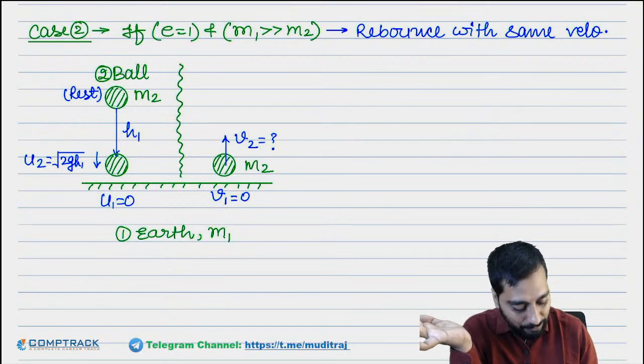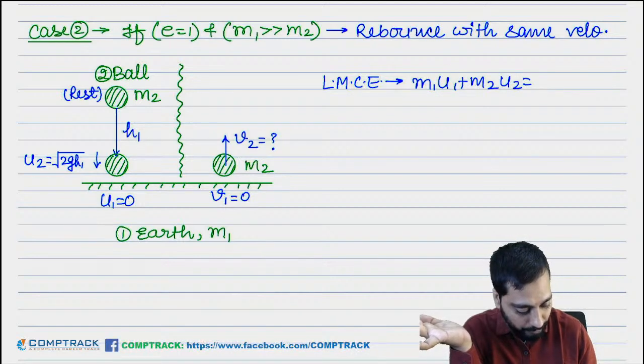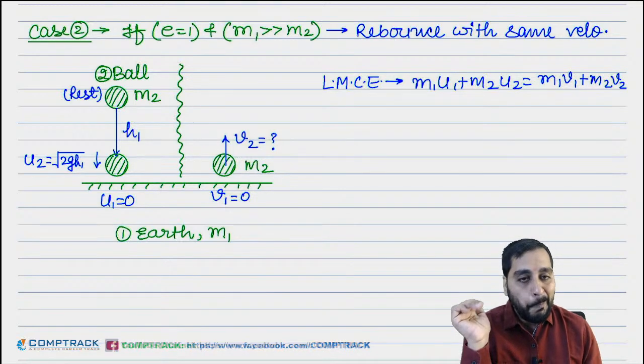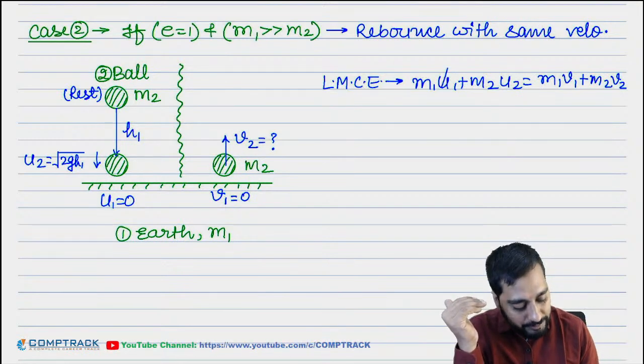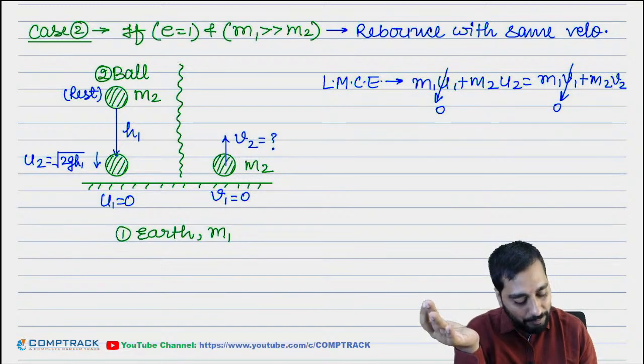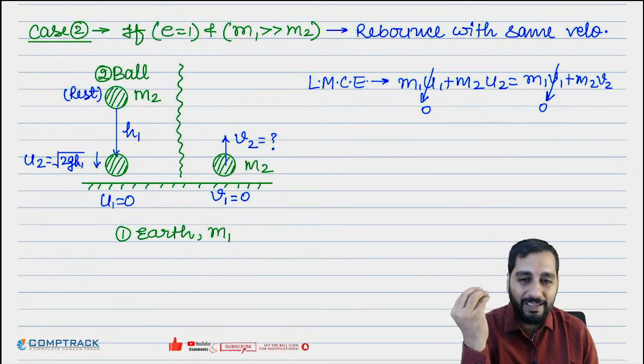So apply here the first equation, the linear momentum conservation equation: m1 u1 plus m2 u2 equals m1 v1 plus m2 v2. First of all, u1 is 0 and v1 is 0. The earth was initially at rest and finally will remain at rest because it is very large, negligibly disturbed by the ball.